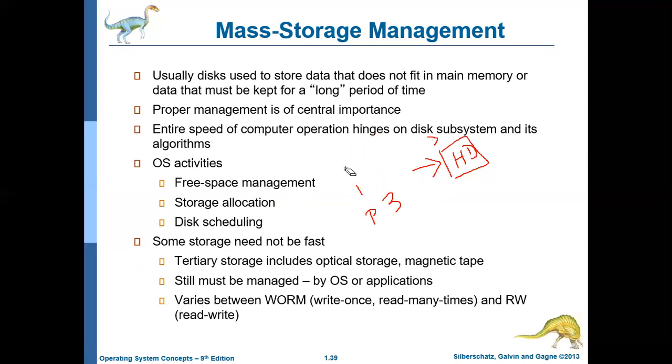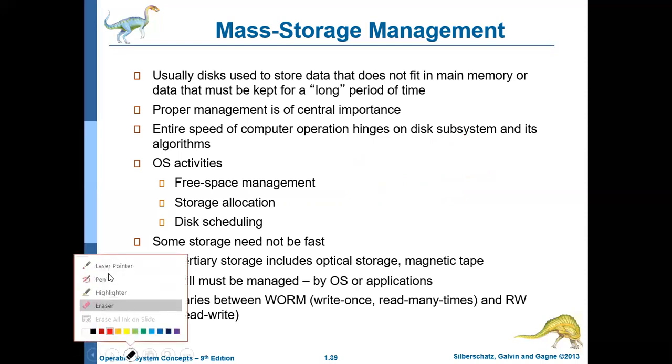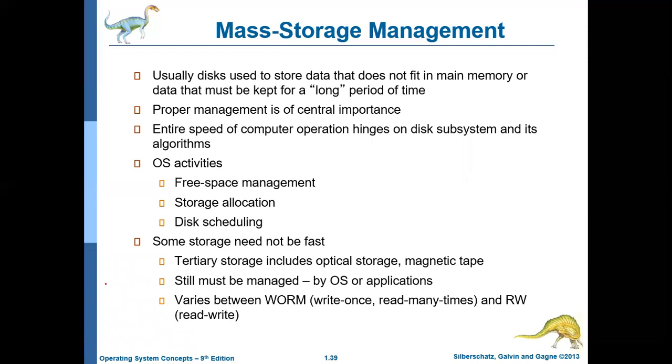Previously we discussed that the disk should be working at a faster speed, so that it will help the computer ensure effective performance. But in some cases, the mass storage device need not be fast. Still, it can be used. For example, there are tertiary storage devices.